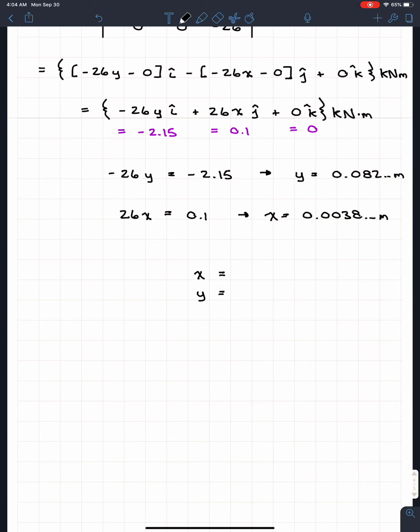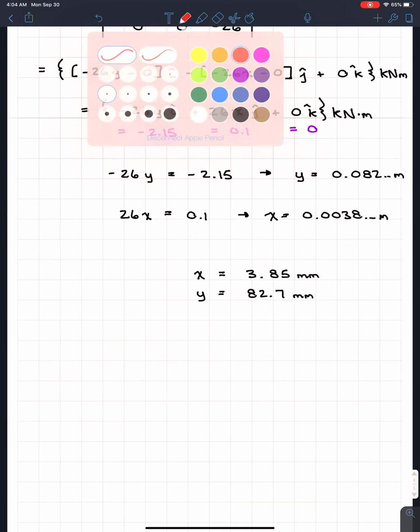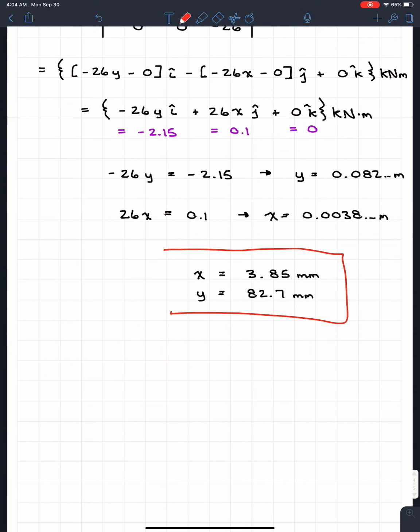So x is going to be equal to 3.85 millimeters, and y is going to be 82.7 millimeters. I'm just going to put a box around it because that is the final answer I'm going to stick with.